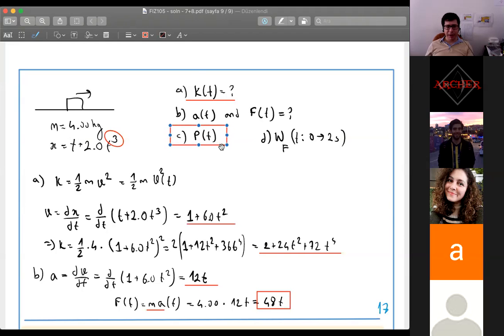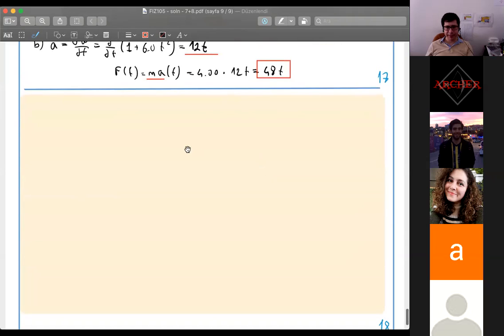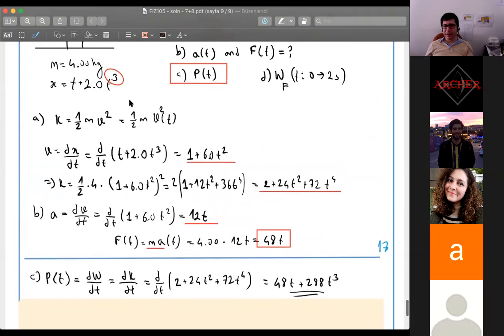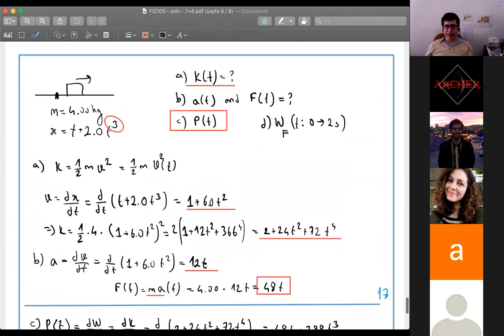So, to find power, you just differentiate work with respect to time. Okay. dW divided by dt. Now, what is work? It is kinetic energy because of the work-kinetic energy theorem. Since the only thing affected in this system is, by the way, just the object itself, okay?